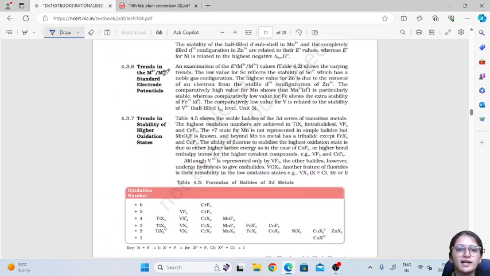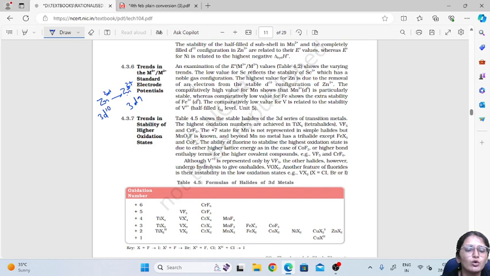Okay, then similarly the same thing, M3+ to M2+. See, if the element is in this state, suppose we take zinc. Zinc has a 2+ state and it is undergoing this 3+. So zinc 2+ means what? Zinc 2+ means we have the configuration 3d10 because the 4s2 two electrons are removed because of this 2+, and zinc 3+ means 3d9.